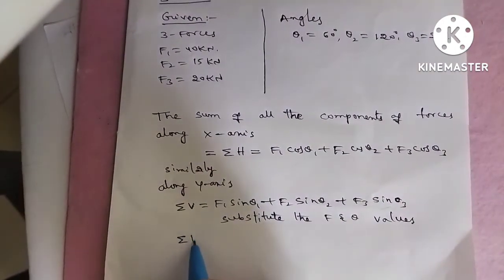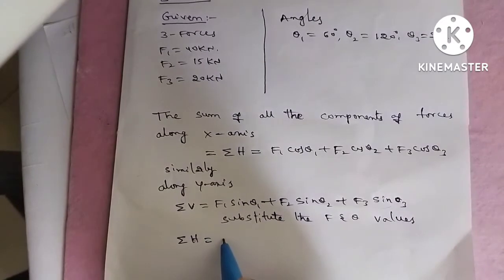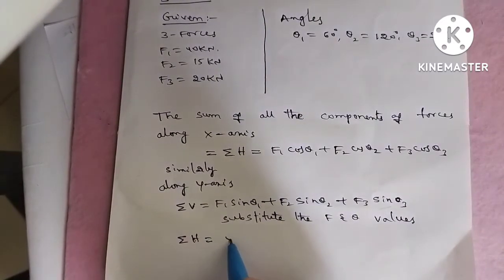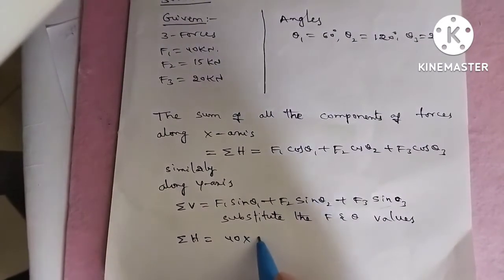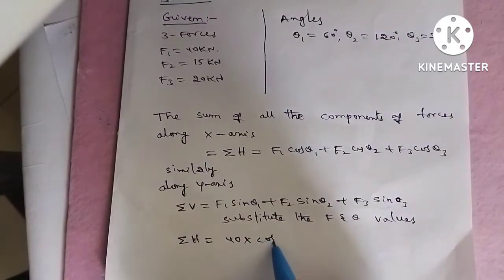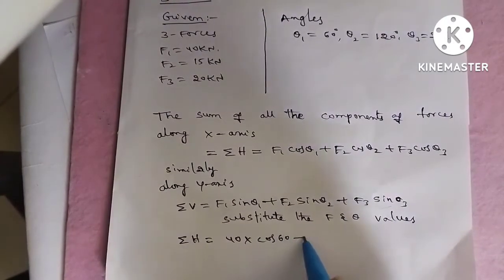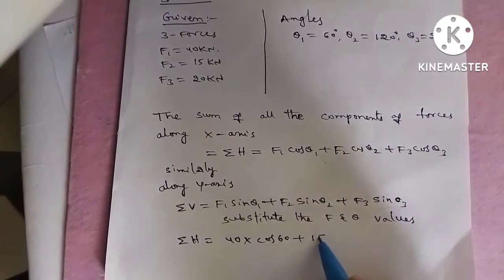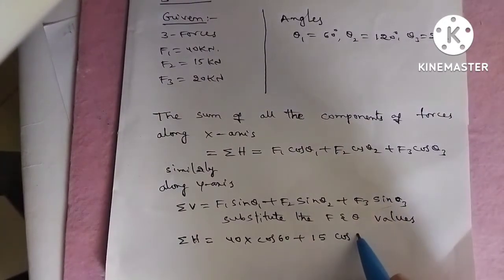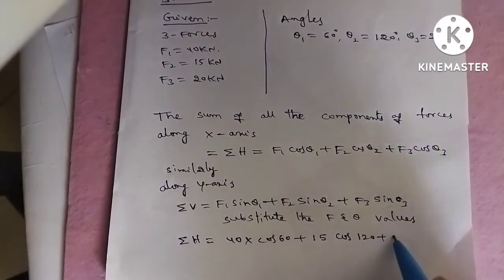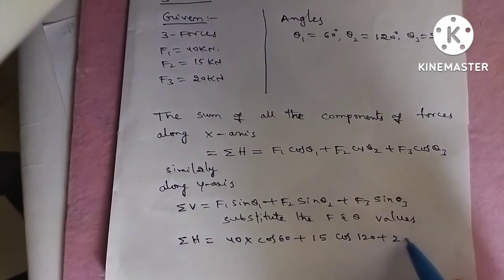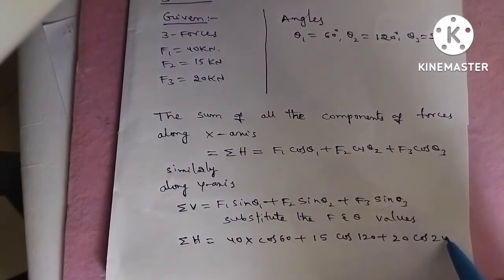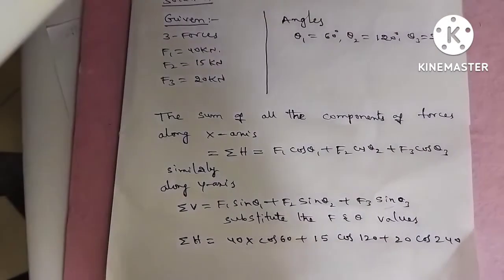So sigma H is equal to F1, 40 into cos theta 1, which is 60, plus F2, 15 cos theta 2, which is 120, plus F3, 20 cos theta 3, which is 240.